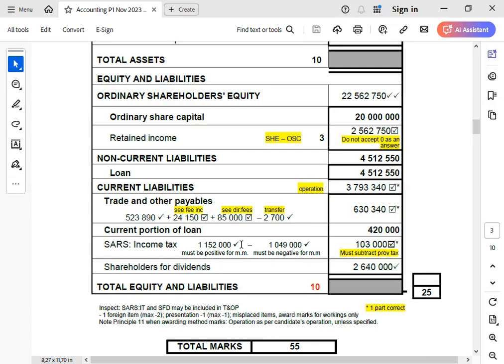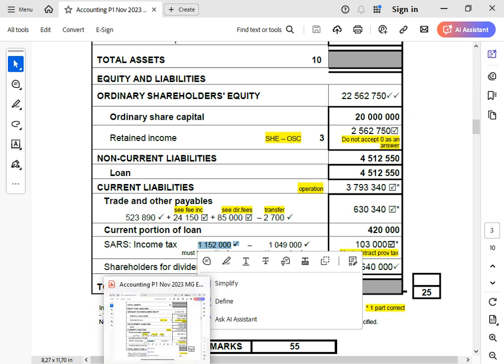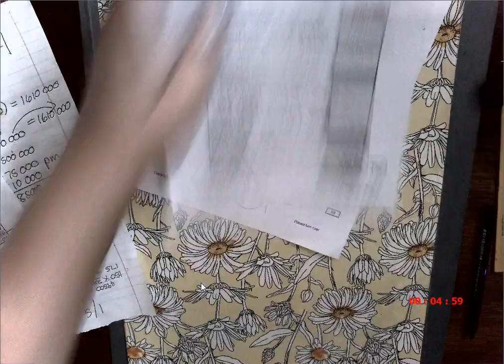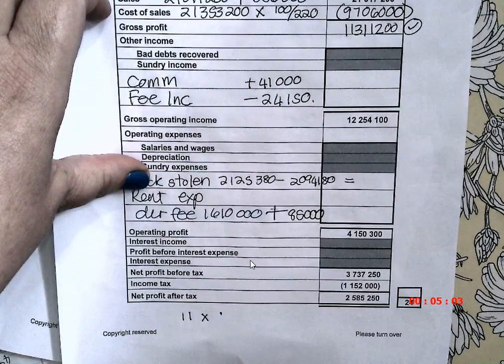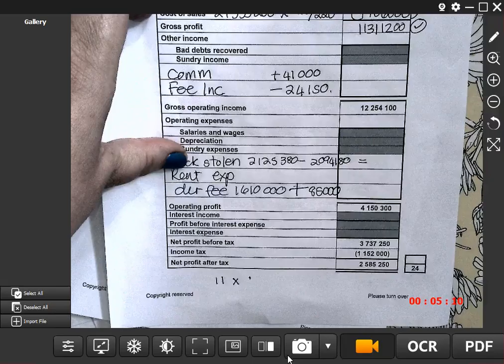Okay, where did they get that 1152? They would get that in the income statement. So let's quickly go look at the income statement. If I look here at the income statement, can you see they gave me the tax? 1152. Okay, so that's where they got it.